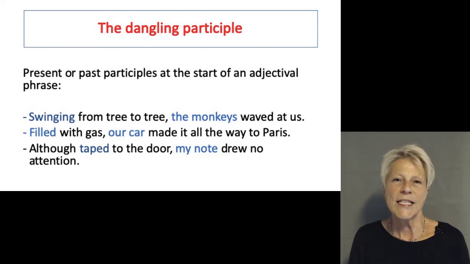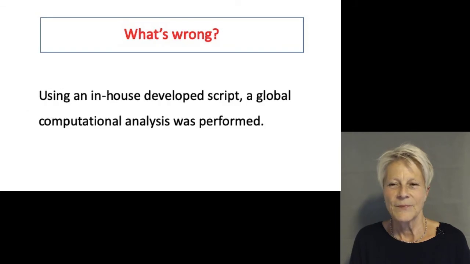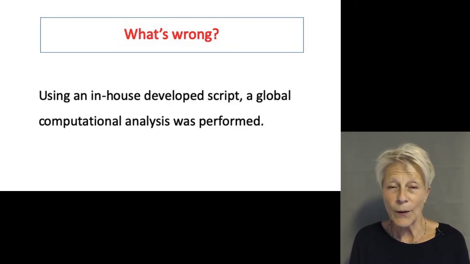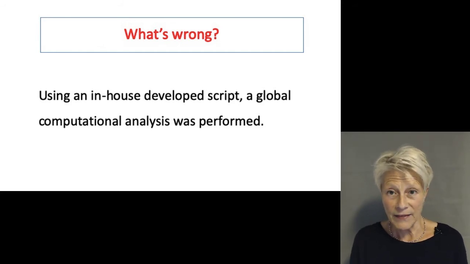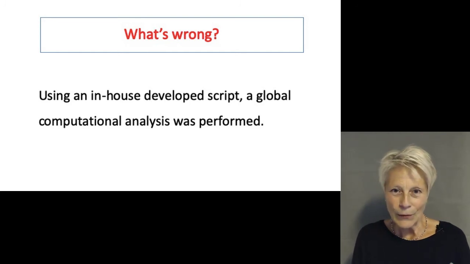Now, knowing this, you will recognize the problem in this sentence. And the commonly used phrase using or based on in the methods section. This sentence suggests the global analysis used an in-house developed script. But that's not what the author means.